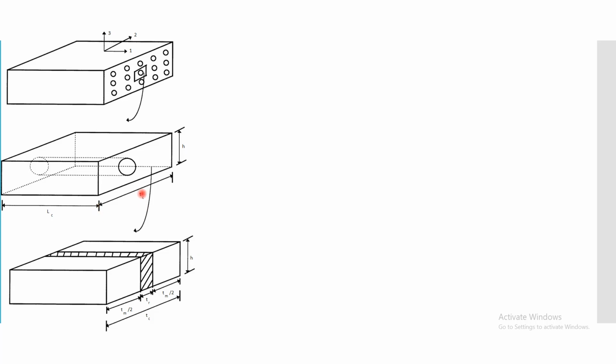Next, since we are interested in the contributions of the matrix as well as the fiber, let us denote the notations in this way, where TF represents thickness of the fiber and TM represents thickness of the matrix. So in this figure, I can easily say that thickness of the composite is nothing but thickness of the fiber plus thickness of the matrix.